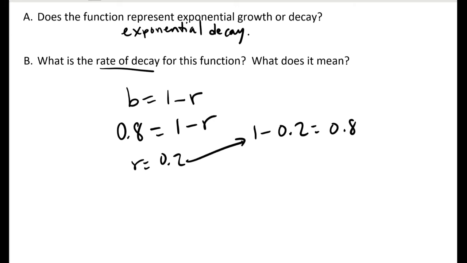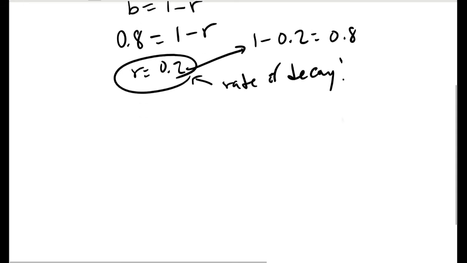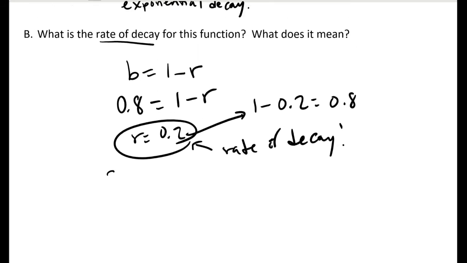Okay, so my rate of decay is 0.2. Now, what does this mean? Well, this means that the rate of decay is 20%.